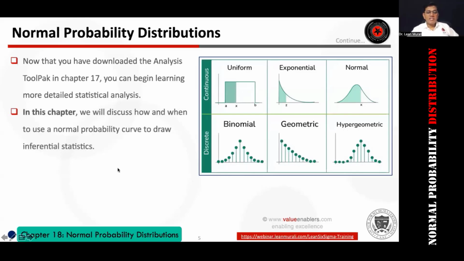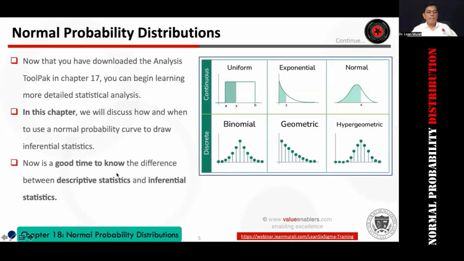In this chapter, we'll discuss how and when to use normal probability to draw inferential statistics. Now is a good time to know the difference between descriptive statistics and inferential statistics. Descriptive statistics describes the data. In inferential statistics, we take samples and infer the lot.